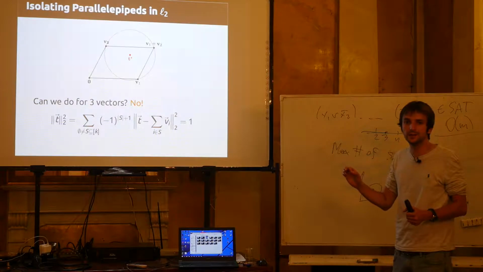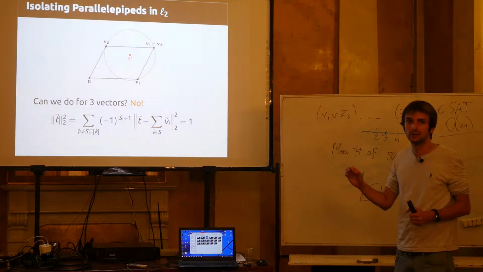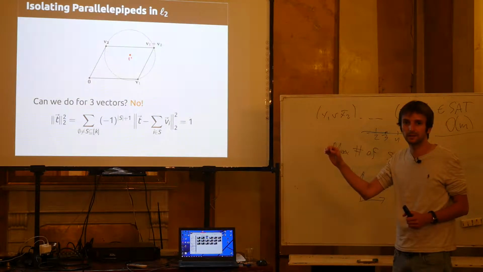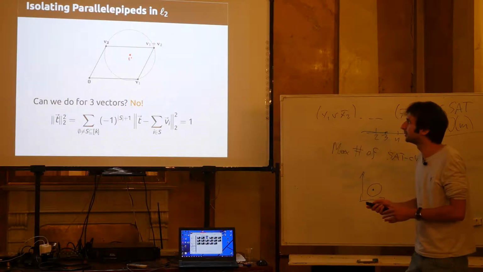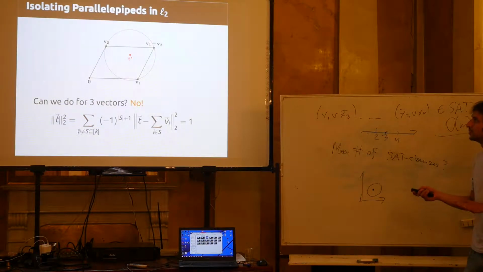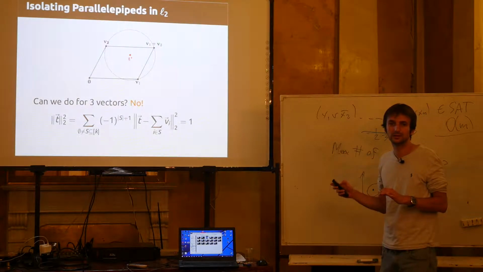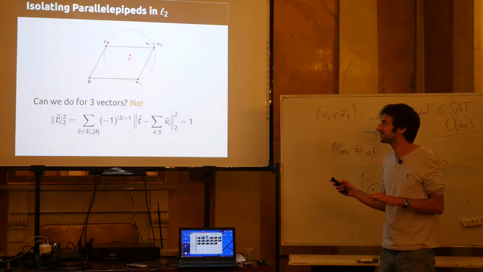Recall that for SETH hardness, you want to fix p and find parallelepipeds for every single k. So in particular, this approach just doesn't work for the L2 norm. It doesn't work for the L4 norm. It doesn't work for the LP norm where p is an even integer. It works in every other case though.